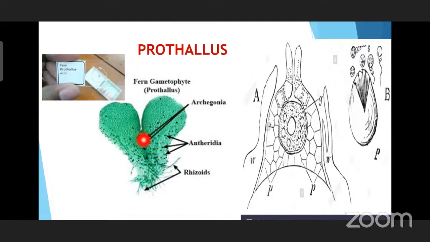And antheridia, the male reproductive structures, are present in the middle, among the rhizoids at the basal part. These rhizoids are unicellular. You also learned about the detailed structure of the archegonia bearing the egg cell, and antheridia, the male reproductive structure releasing the male gametes.